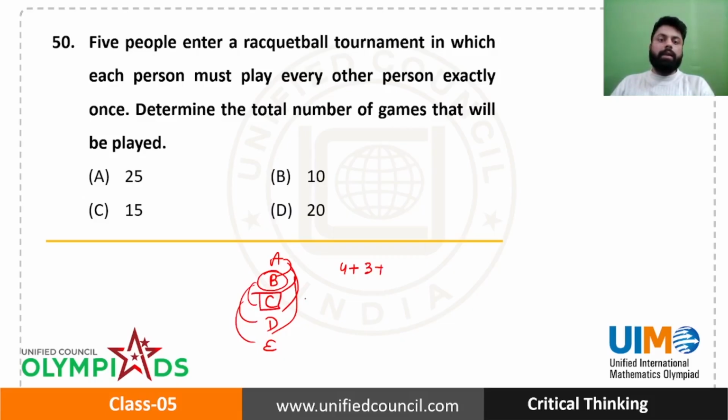Then C has already played with B and A, so 2. And then finally D, only E is left, 1. So this is equal to 4 plus 3, 7 plus 2 is 9 plus 1, 10. So there will be 10 games played in all. So B option is the correct answer, and this is how we can solve the problem.